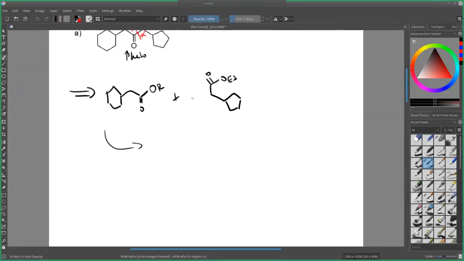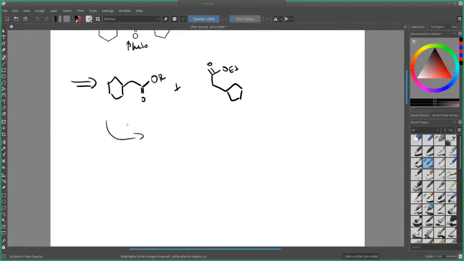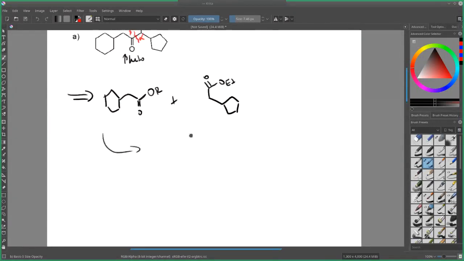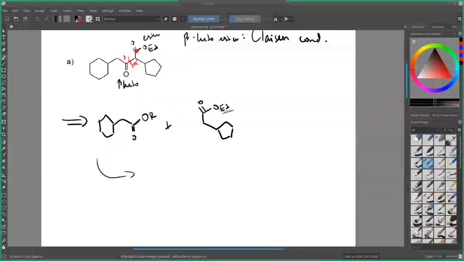Then from here we could go in the forward direction. We can put it in some strong base, which in the case of a Claisen condensation, the most common one is to use the ester that remains. So we'll take this ester and use it as our base.